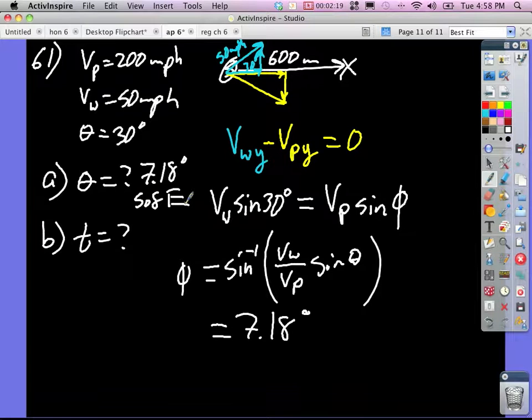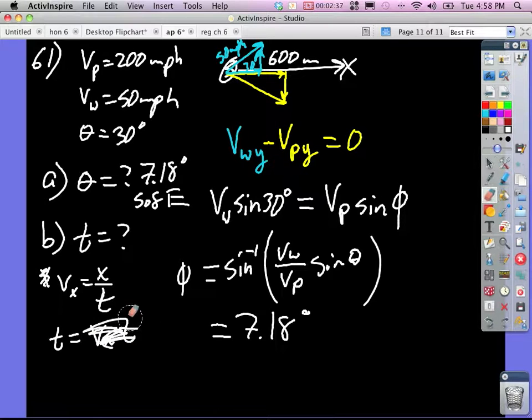All right, and then the time, we know that Vx is x over t, so t is going to equal Vx times, oh, just kidding, good gravy, I'm losing my mind.